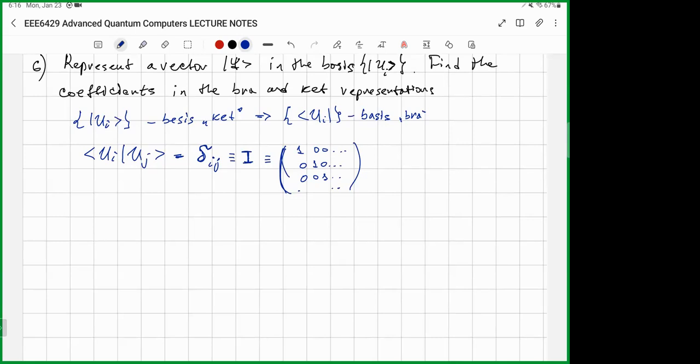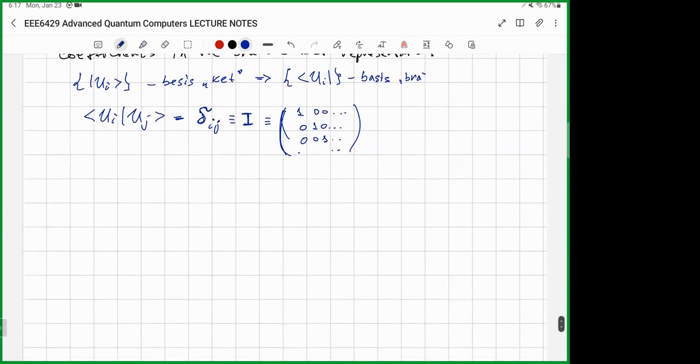Delta ij. So this basically means that the vectors are orthogonal. If i and j are different, then the vectors are orthogonal, and the result of their product is 0. But if the vectors are identical, like when i equals i, then their product gives you 1 because the vectors are normalized.